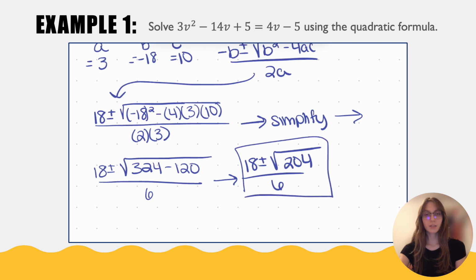And this is our answer to v in this equation. We have both a positive and a negative answer here. If you were ever asked to go further and find the square root of 204 with your calculator, and then do plus and minus to solve for 2 final numbers, you could do that, but most of the time, as long as you don't have a perfect square, leaving your answer in radical form like this is perfectly fine.